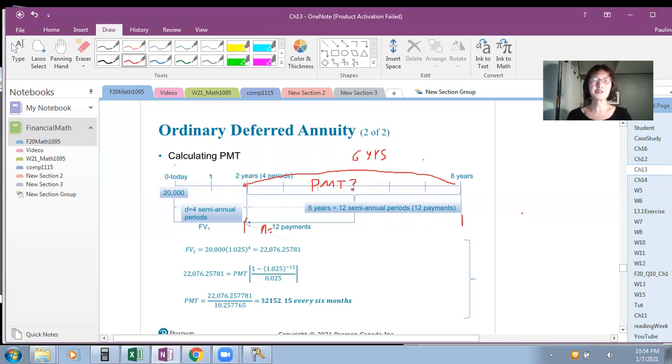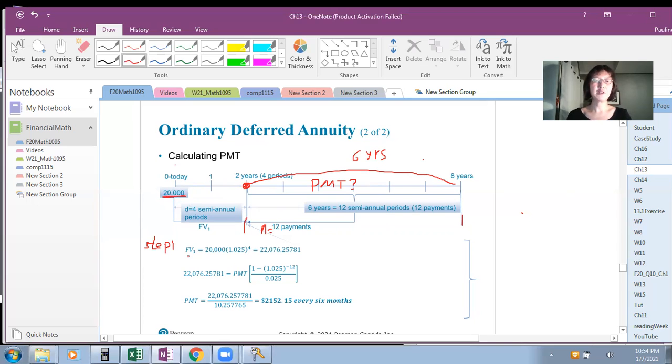So we do 2 steps. Step 1, we find the future value at the end of 2 years. What is the future value for this 20,000?